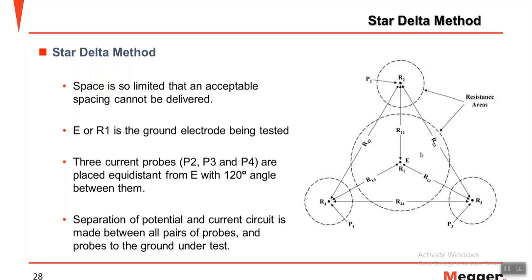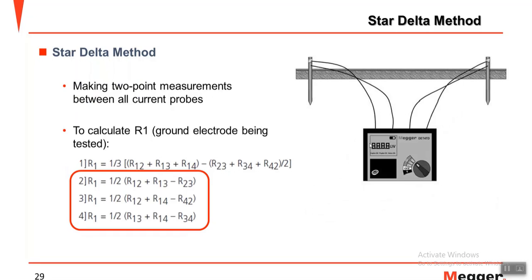So the total is 6 measurements. After you get the 6 measurements, you can calculate R1, the ground electrode being tested, with this formula: R1 equals half of R12 plus R13 minus R23.